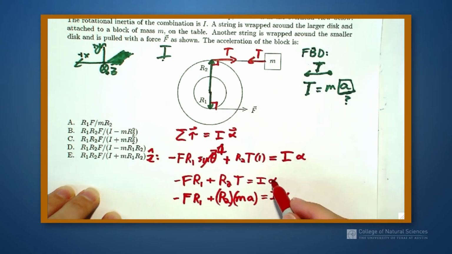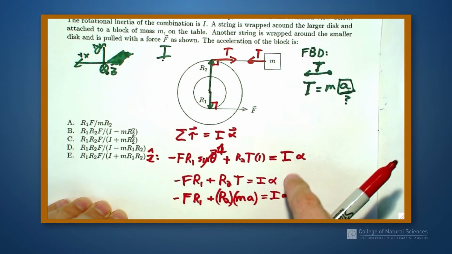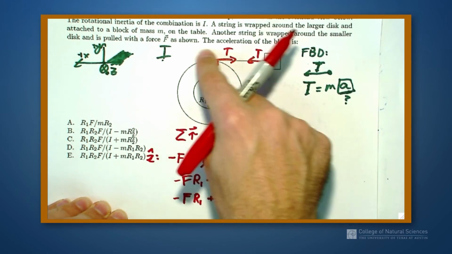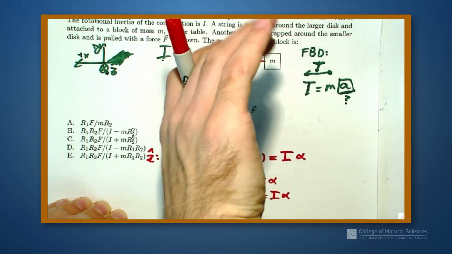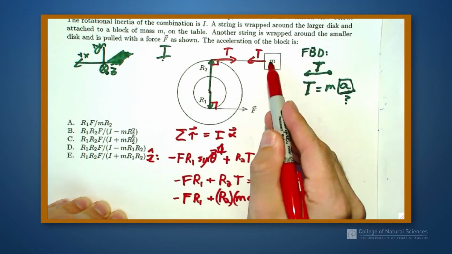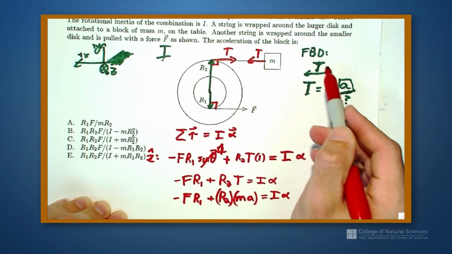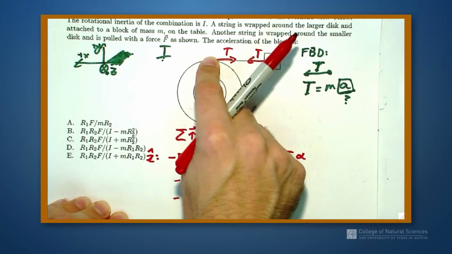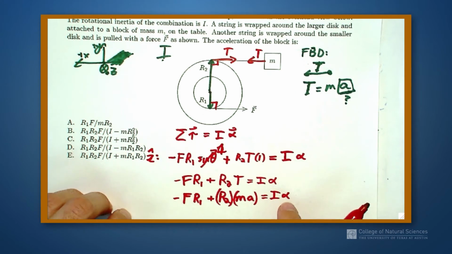If it spins up in this direction, that gives a rotation in the negative z direction, which means the string would be wrapping up on this, and A would be in the positive direction. So I know that my alpha and my A probably have a minus sign difference.